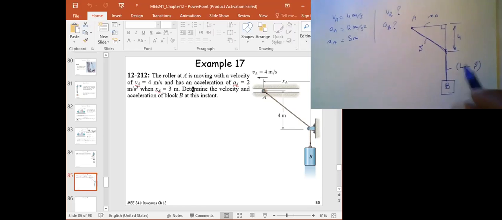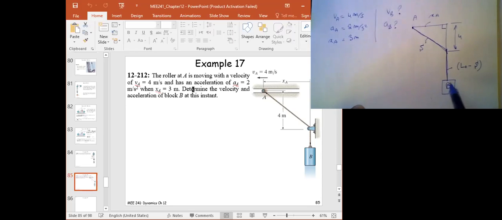If L0 is the overall length of the cable and this distance is S, then the other distance is L0 minus S. So what I need to do is find S prime. If I find S prime, then the velocity of B will be equal to minus S prime, which is the derivative of this.